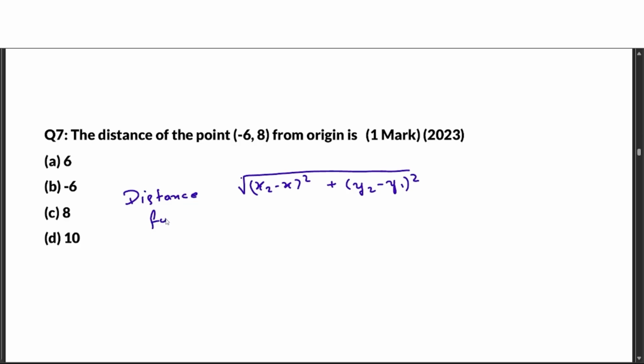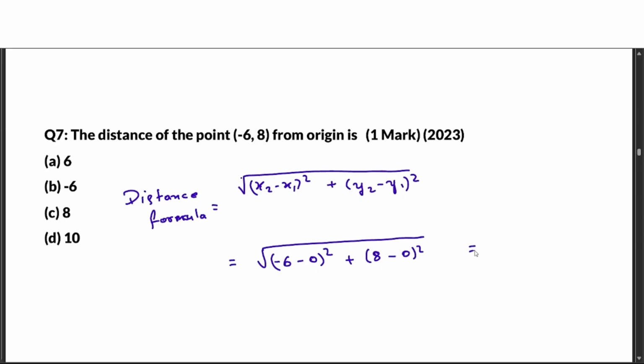Here one coordinate is basically the origin, so we can say x1 is equal to 0. Based on that, we get (-6 minus 0) whole square plus (8 minus 0) whole square.